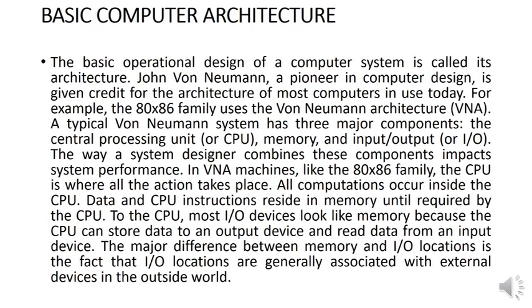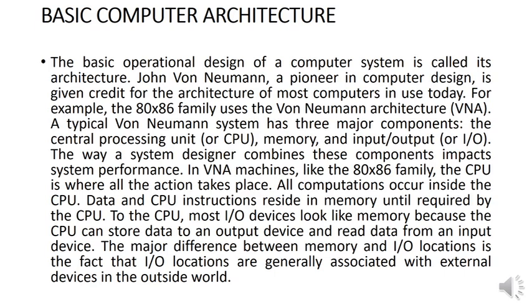To the CPU, most input and output devices look like memory, because the CPU cannot store data to an output device and read data from an input device. The major difference between the memory and the input and output locations is that input and output locations are generally associated with external devices in the outside world.